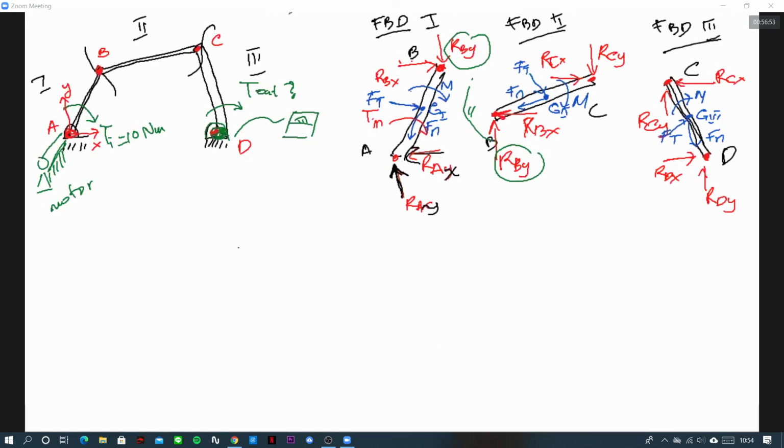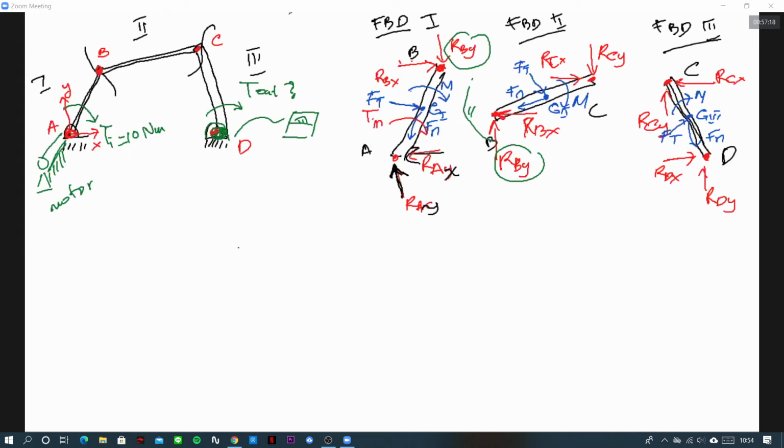I want to ask, if the question doesn't state the mass of the links, can we ignore the gravitational force, ma'am? Okay, thank you.